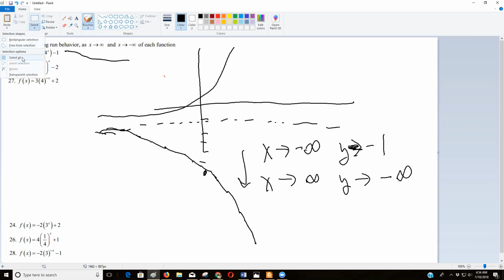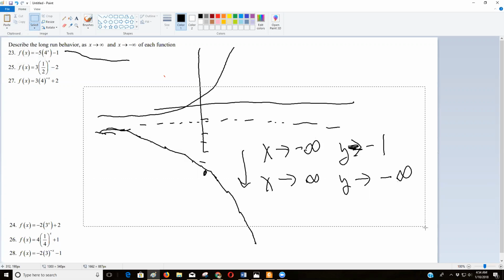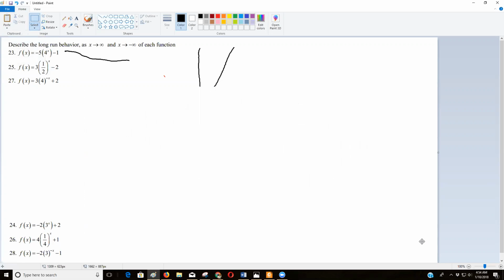Okay, so now if we look at number 25, I see a transformation of y equals 1/2 to the x, or y equals 2 to the -x. I see a horizontal asymptote of -2.